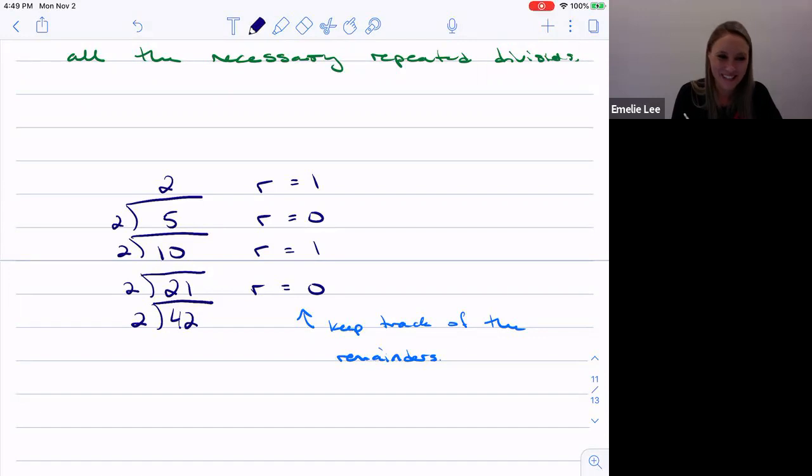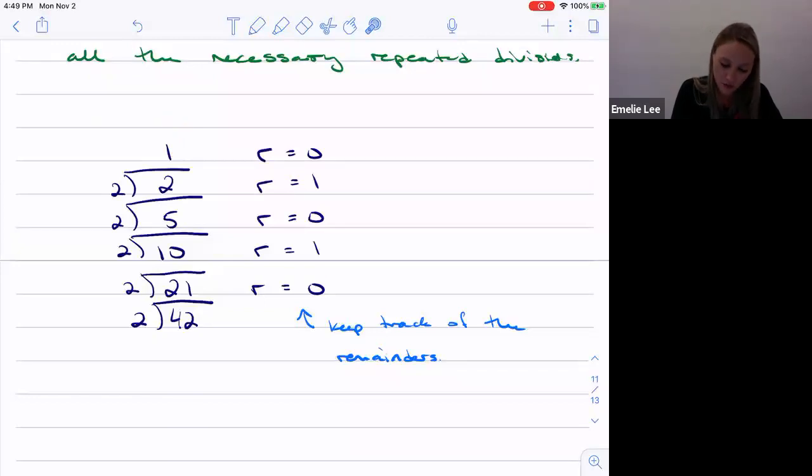Okay, so now 2 is going to get divided by 2. 2 goes into 2 one time with a remainder of 0. Don't stop until you have a 0 up here.